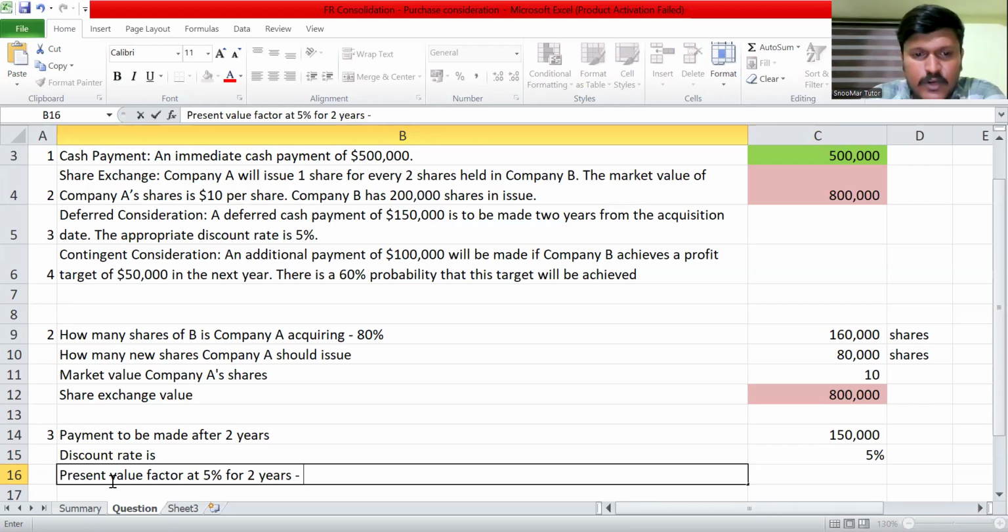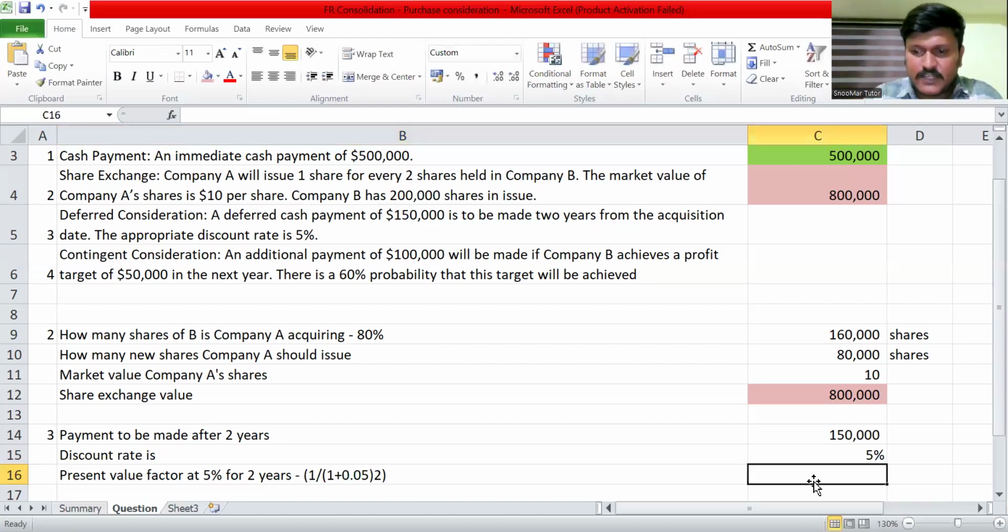For compounding, you go for (1 + r)^n. Here we will be using the formula 1 divided by (1 + r)^n, where r is 0.05, 5%, and n, the number of years, is 2. So then you will get this particular factor.